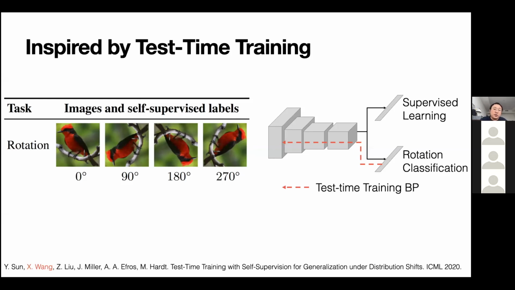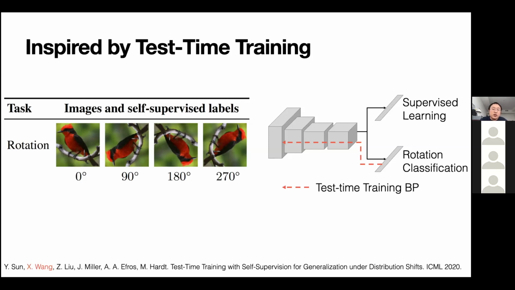This framework performs joint training of image classification and rotation prediction self-supervised tasks during training time. During the test time, given an image as input, the network is fine-tuned with only the self-supervised task to make the feature adapt to the input image. And since the feature is shared across the classification task, the adaptation also improves the classification task as well.